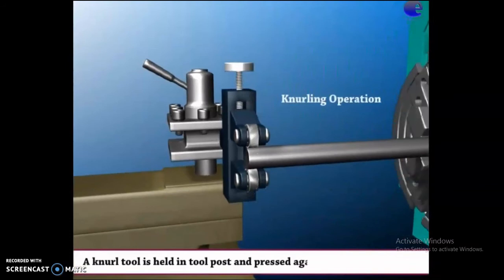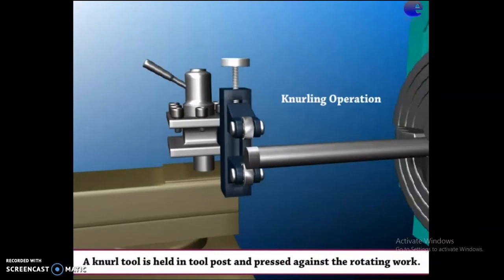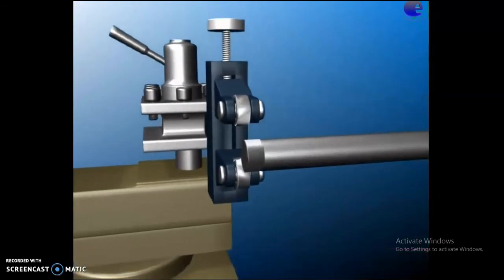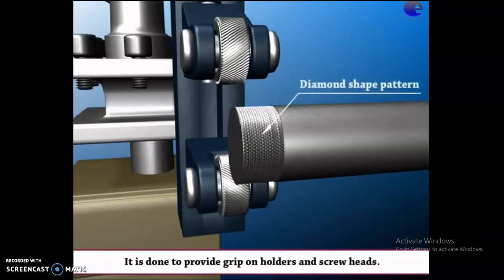A knurl tool is held in the tool post and pressed against the rotating workpiece like this, and you can see the finished surface, the knurled surface. It is done to provide grip on holders and screw threads. The diamond shaped pattern.